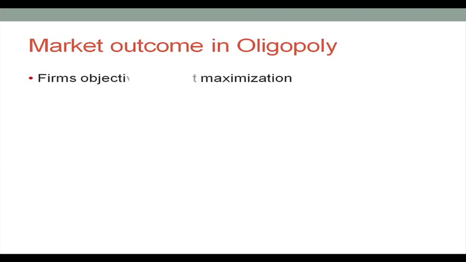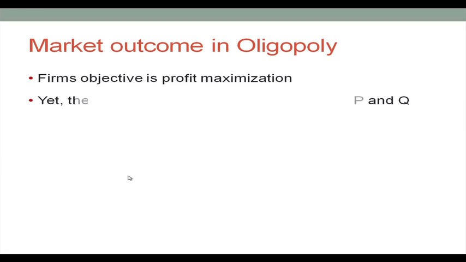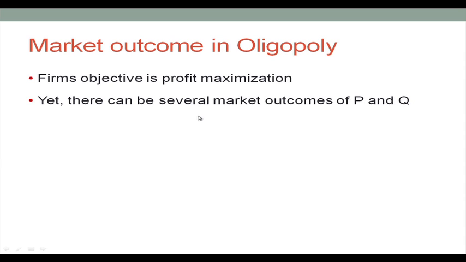Now, moving on to the market outcome in case of oligopoly. Once we have understood what an oligopoly market structure looks like, the next obvious interest is to know what the market outcome is, what the price and Q are in case of oligopoly. As in other cases, we are going to assume that the firm's objective is profit maximization.